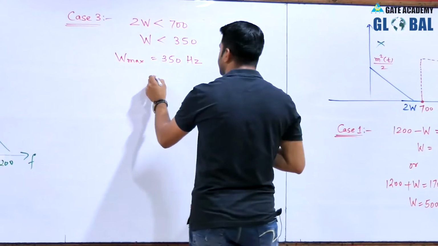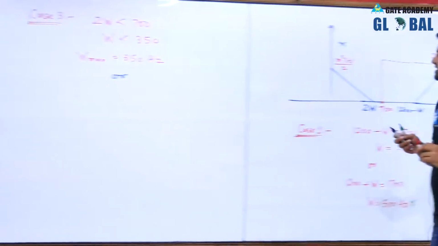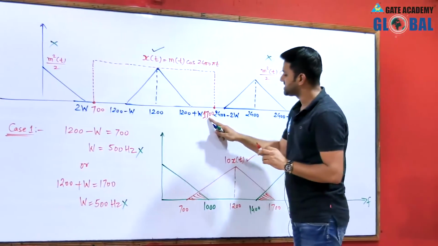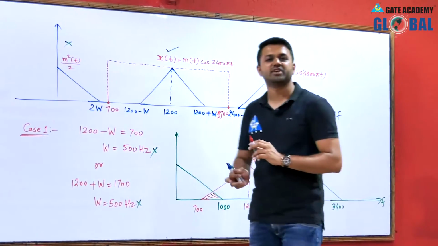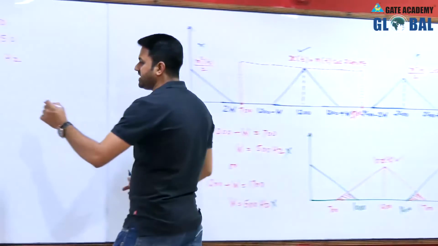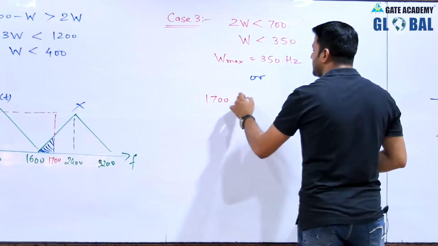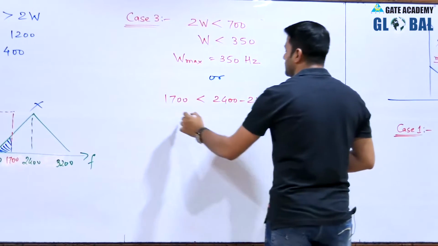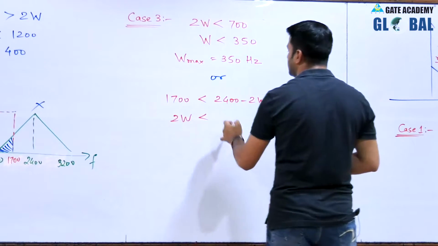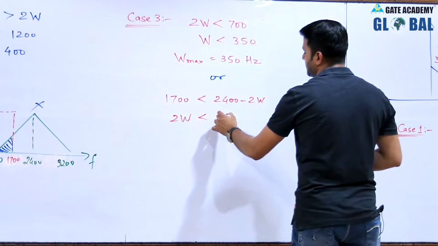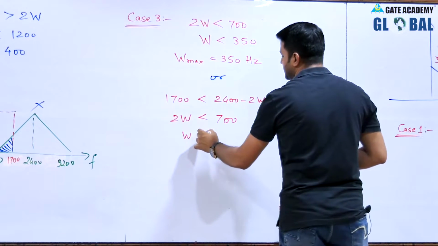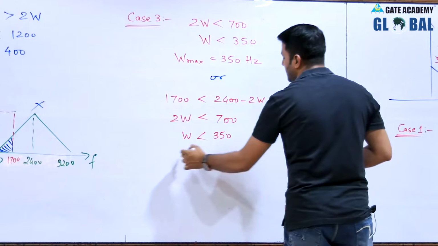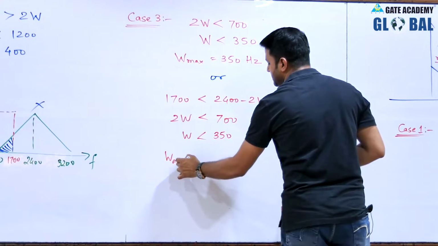Or you can consider the other case, where we are saying that this term 1700, the maximum frequency of the band pass filter, should be less than 2400 minus 2W. So from here also we are getting 2W is less than 700 and we can say W is less than 350, or the maximum value is 350.